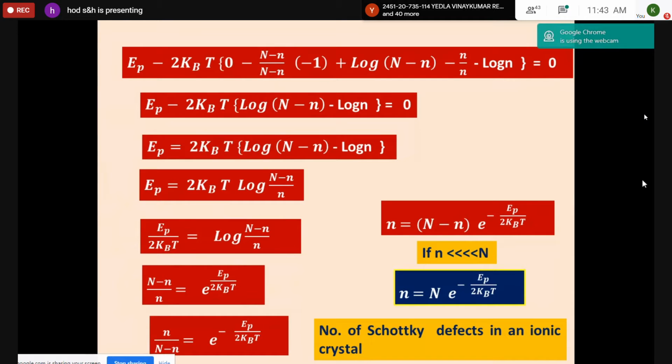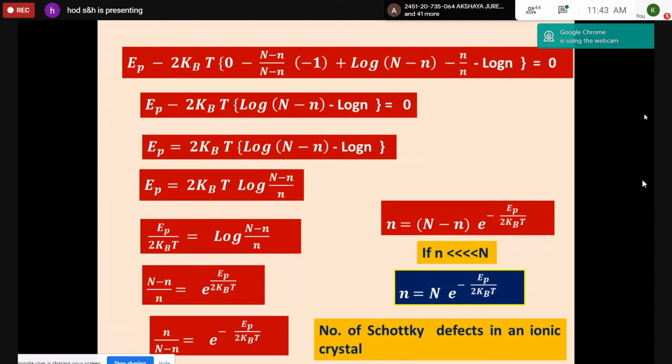Now dF by dn at constant T: the first term is n into Ep. The differentiation of that is Ep only. Minus 2kBT is constant. And the differentiation of capital N with respect to small n is 0, so the first term is 0. Then you have minus of (N minus n) log (N minus n). Using the UV formula and log formula, the differentiation of minus n is minus 1, so that is the first term.